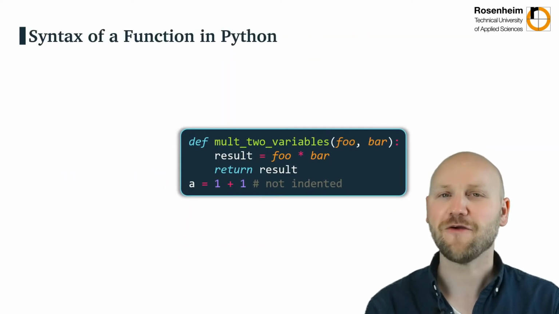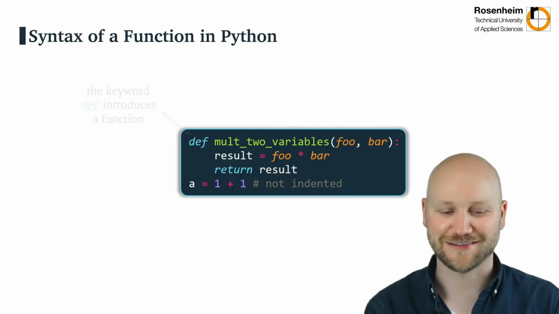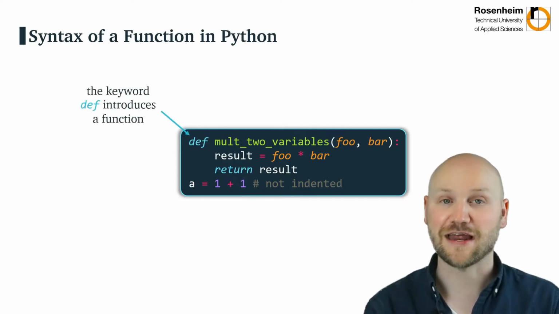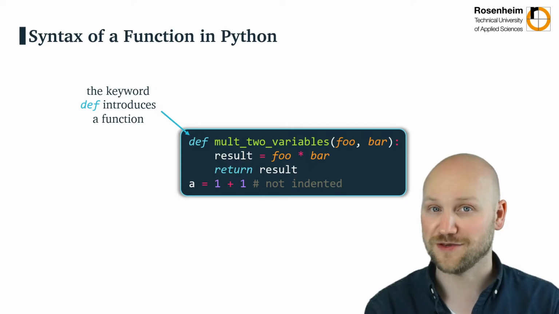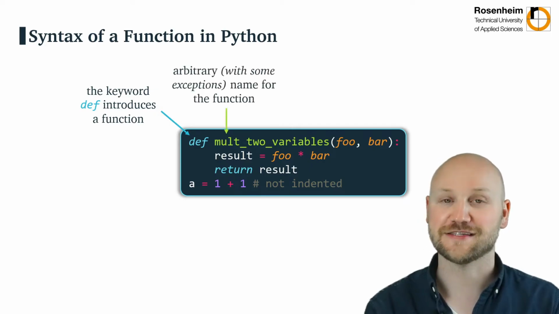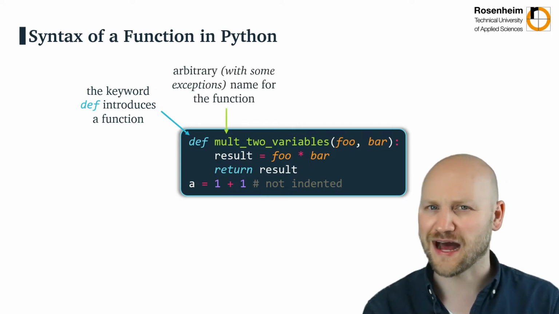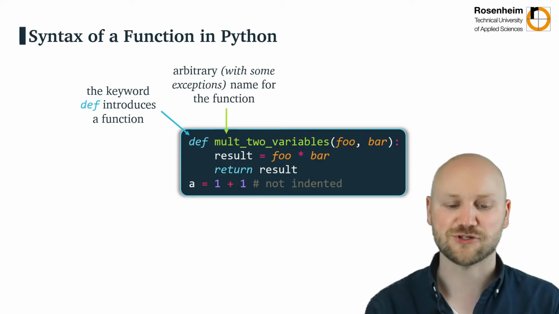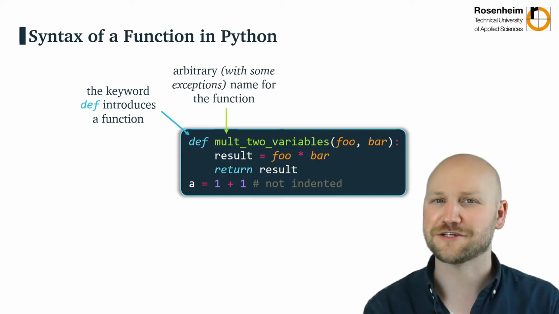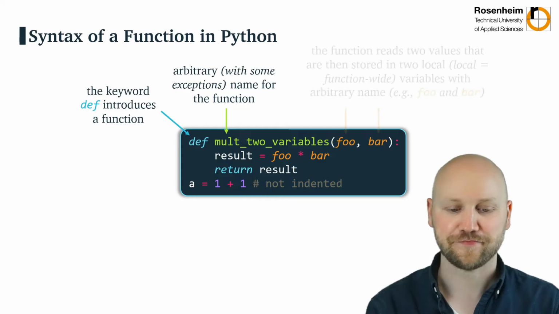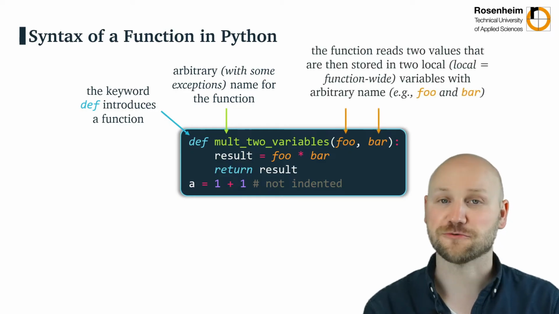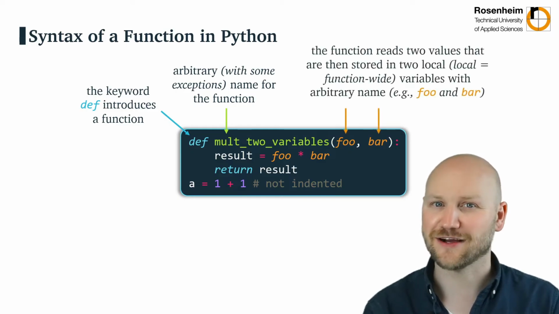So let's have a very close look at the syntax here. Again, we are starting with the keyword def. Then there is the function name. It's more or less arbitrary with a few exceptions. For example, you can't start with a number. The function reads two values in this case. These are called arguments.